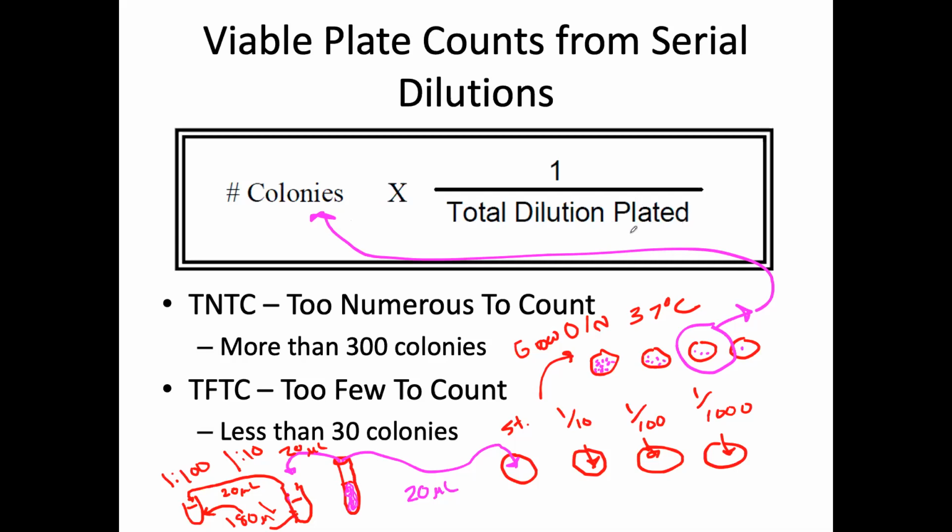The total dilution plated was a 1 to 100 in this case. That's this plate. I would do that multiplication and get the number of colonies in 20 microliters of the original sample. And so that's how you do a plate count.